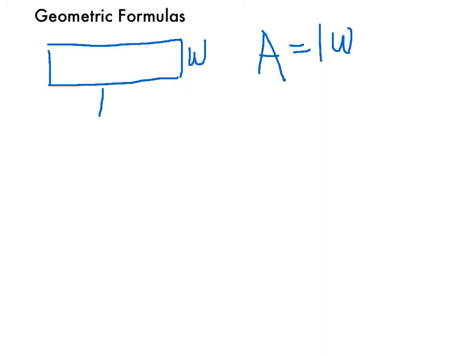All right, so let's write a rule for finding the perimeter of a rectangle when we know the length and width. So P equals length plus width plus length plus width. Or, better yet, we can write it like this.